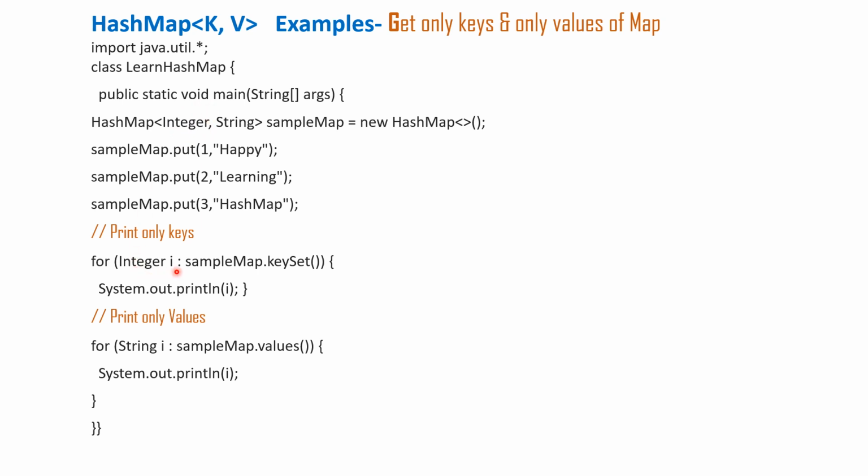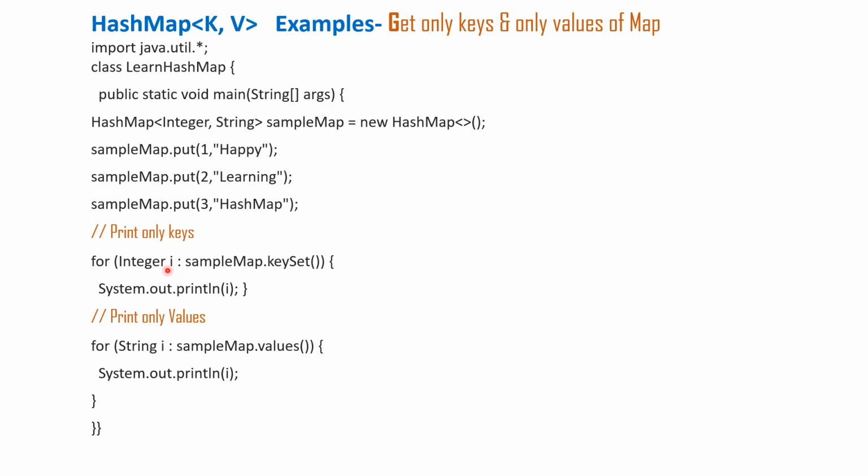So integer i colon sample map, the HashMap object which we have created, dot. If you type dot, it will show us the inbuilt methods that are there. Here it provides keySet, which, from the name itself, we can easily identify means it will give the keys of the map.